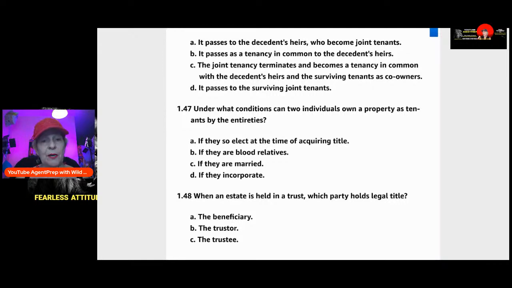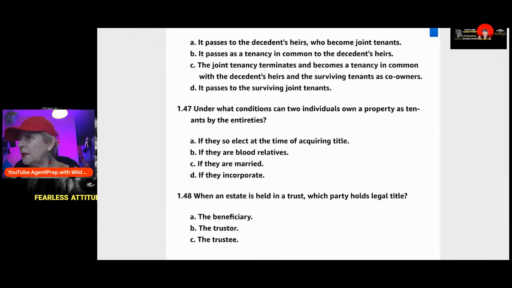And so it's for husband and wife. Therefore, the letter answer is C. Hi, Johnny. Thanks for joining us. Oh, very good, Johnny. So 147 C. And what are the others?